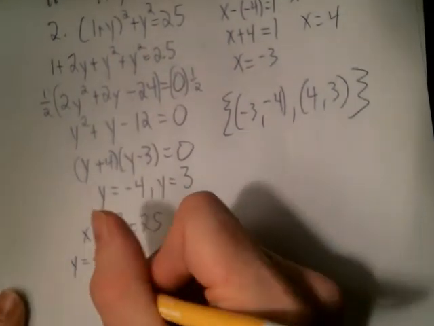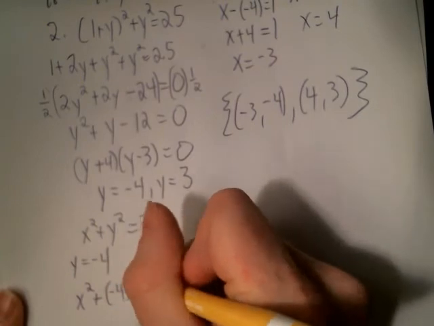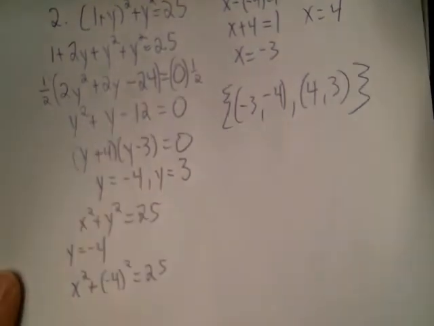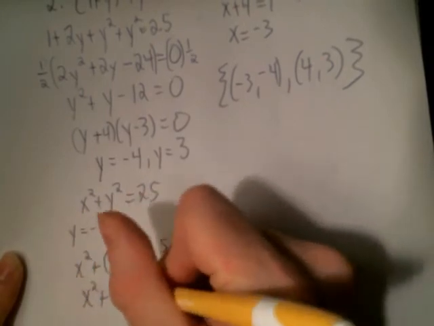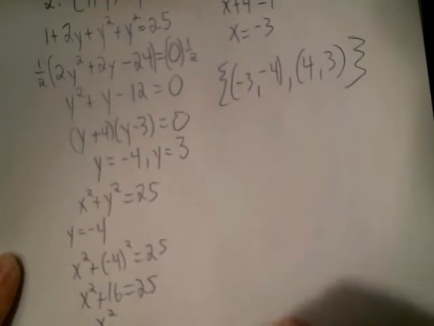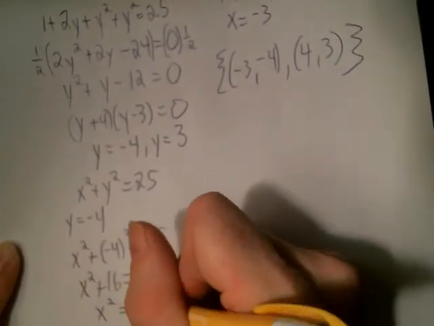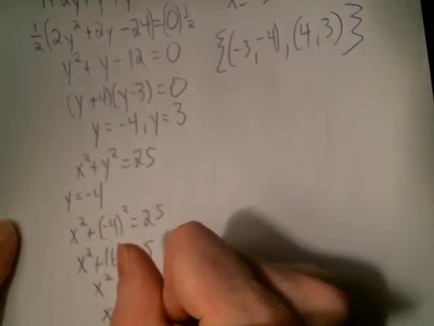So I get x squared plus (-4) squared is 25. I get x squared plus 16 is 25. So x squared equals 25 minus 16, which is 9. And then x equals plus or minus 3.